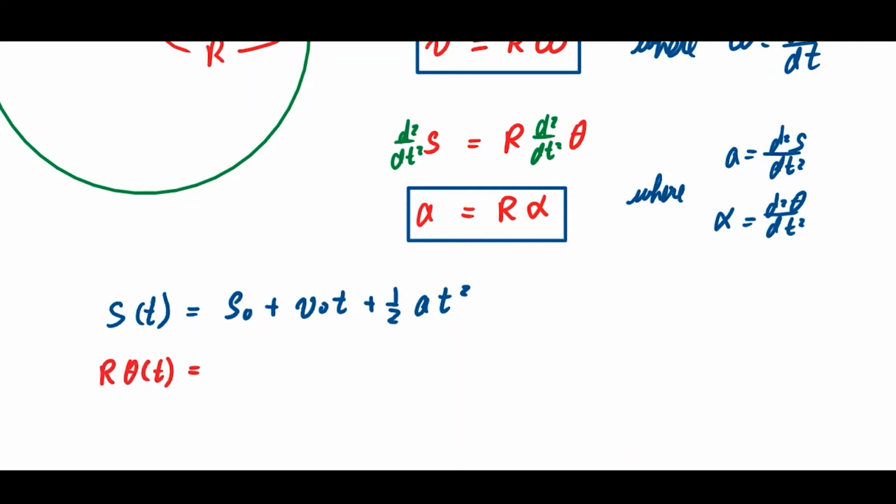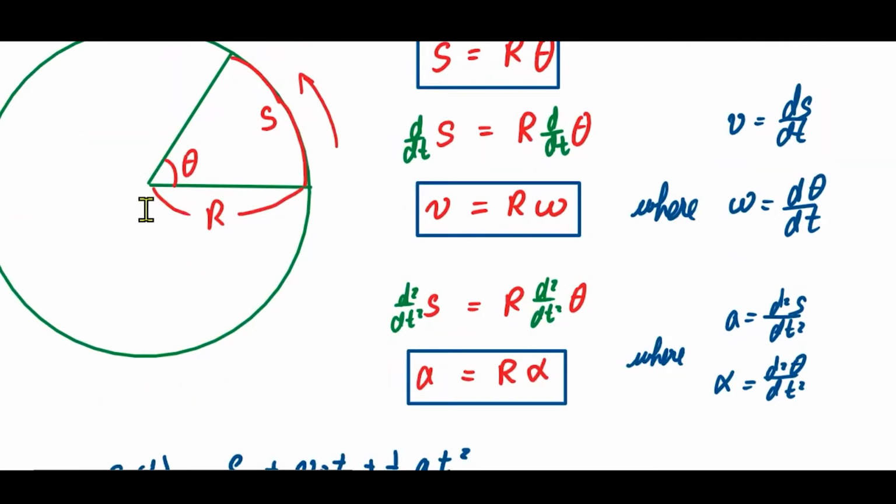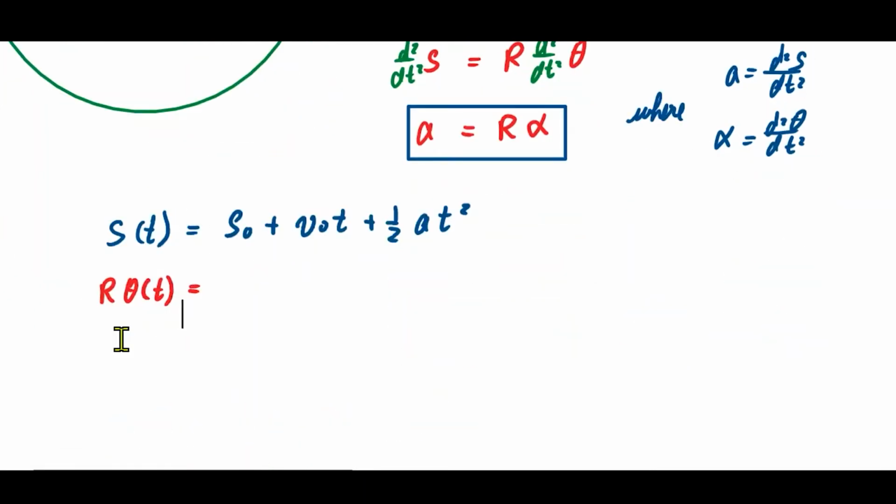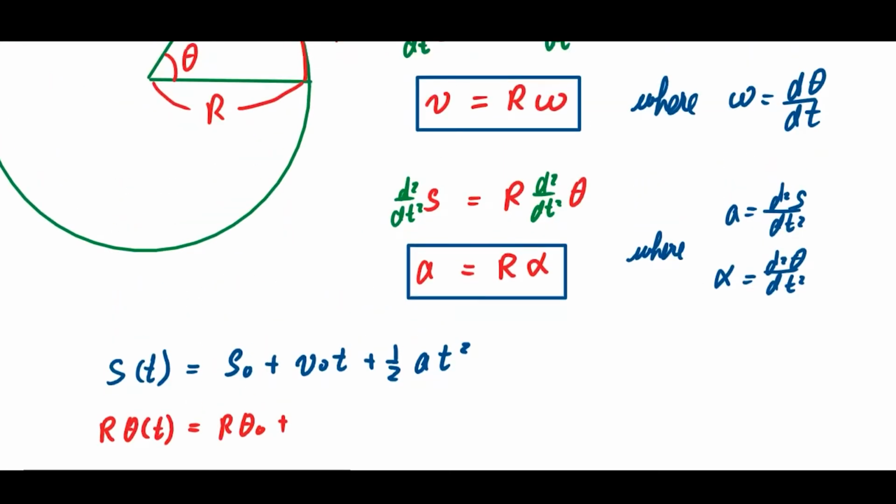Theta is varying. Now, there's nothing telling you this is rotating at a constant speed, right? It's accelerating as we speak. That's why we have angular acceleration. So S is, of course, R theta naught plus, what was v? v up here is R omega, isn't it?